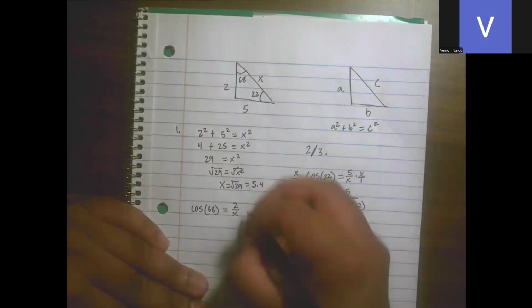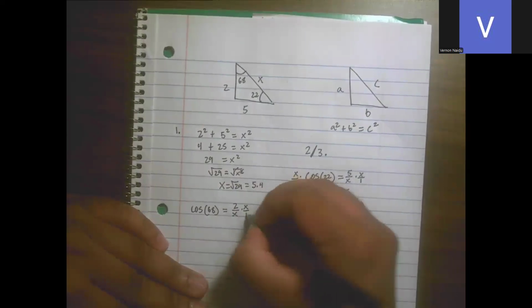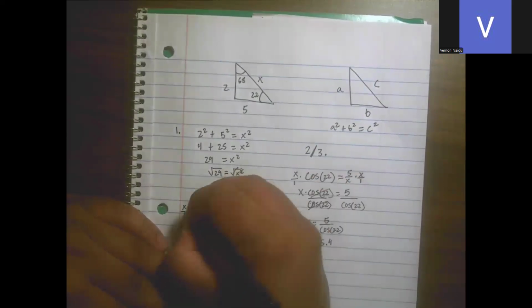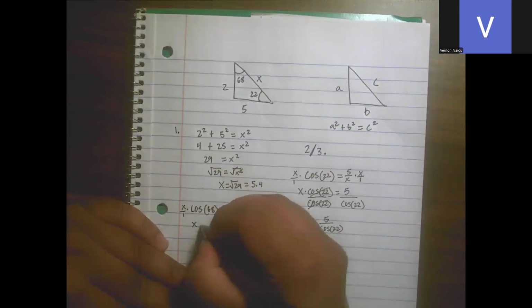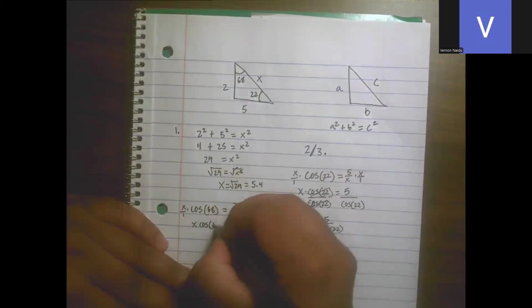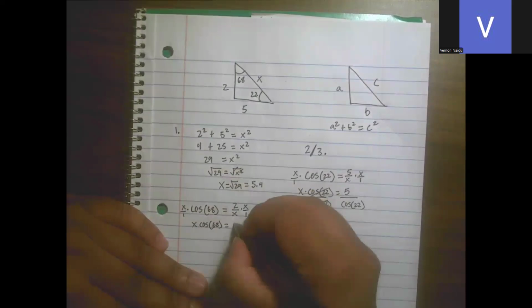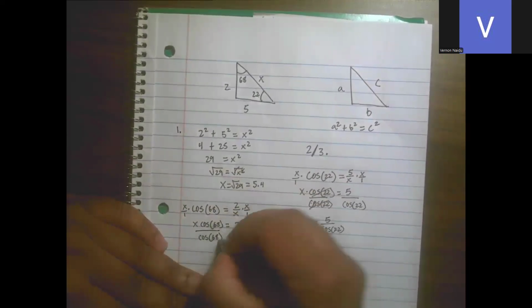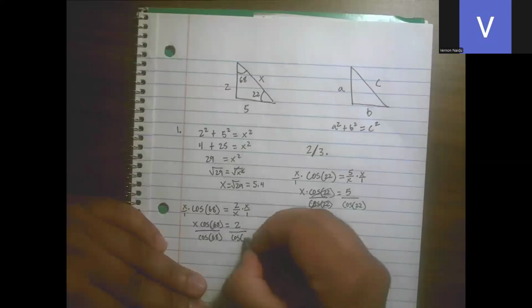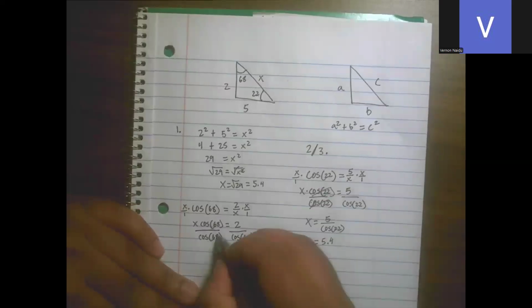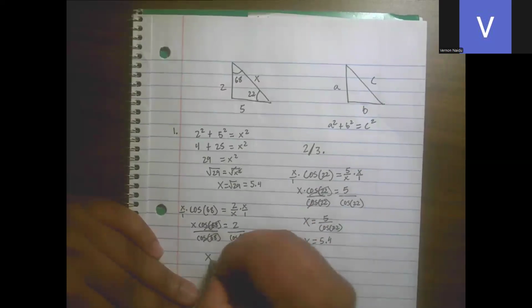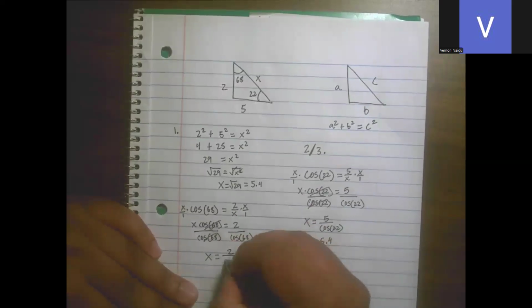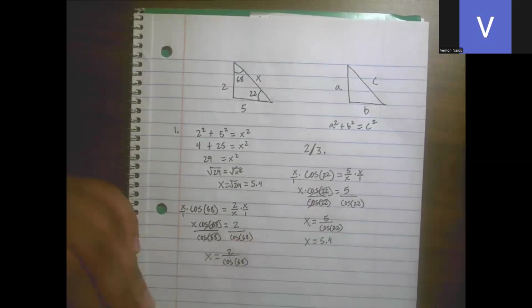And then once again, we're going to do some quick math to get x by itself and solve the problem. We get that x is equal to 2 divided by cosine of 68.